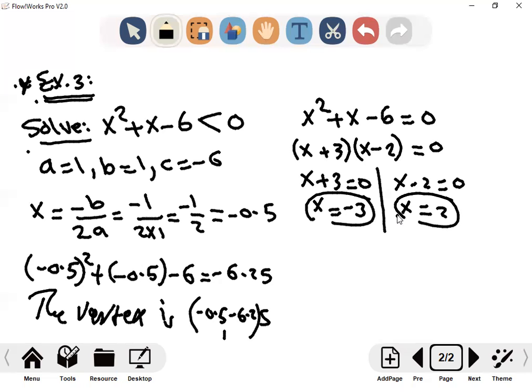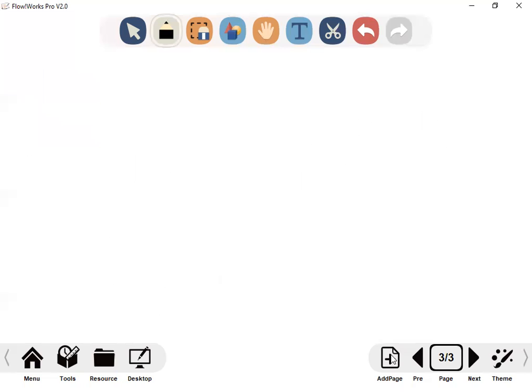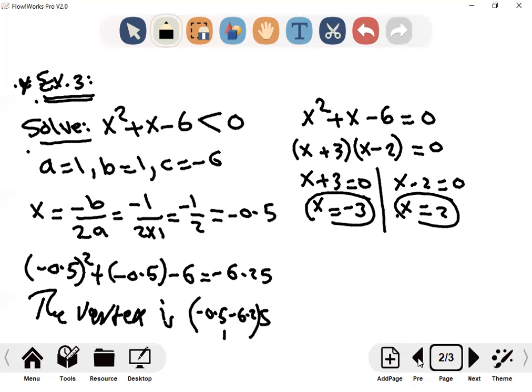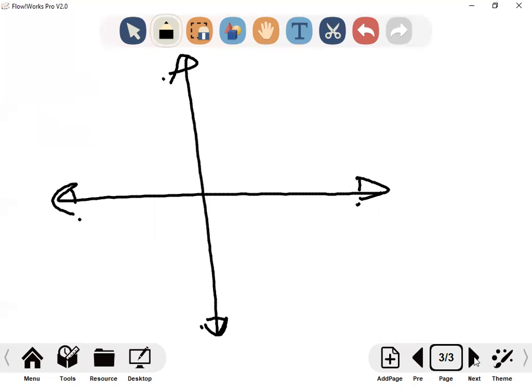Let's graph, but on the next page, because I want to make it bigger. Graph normally. What's the vertex? -0.5 and -6.25, right? So between 0 and -1. This is 0, this is -1.